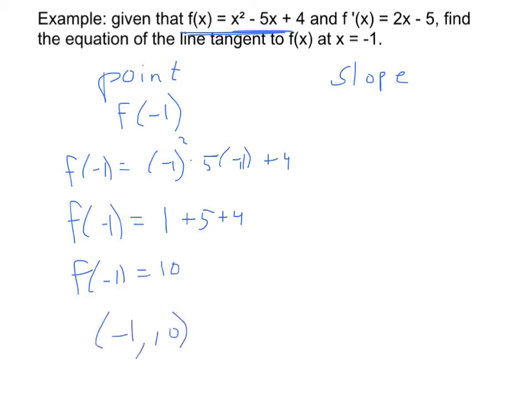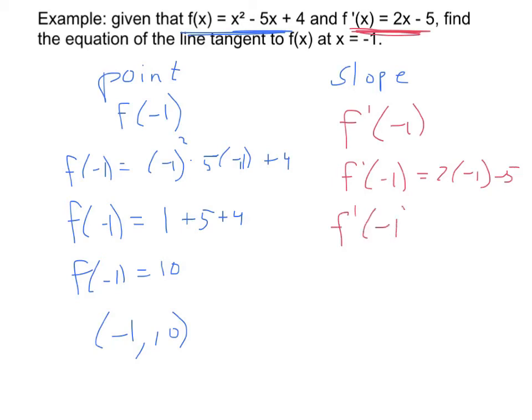What about the slope? How do I find slope? Well, fortunately we have a derivative function. And the purpose of that thing, the output of that function, is that it gives us a slope. So if I just do f prime of negative 1, that'll give me the slope. F prime of negative 1 is 2 times negative 1 minus 5. Looks like f prime of negative 1 is 7.